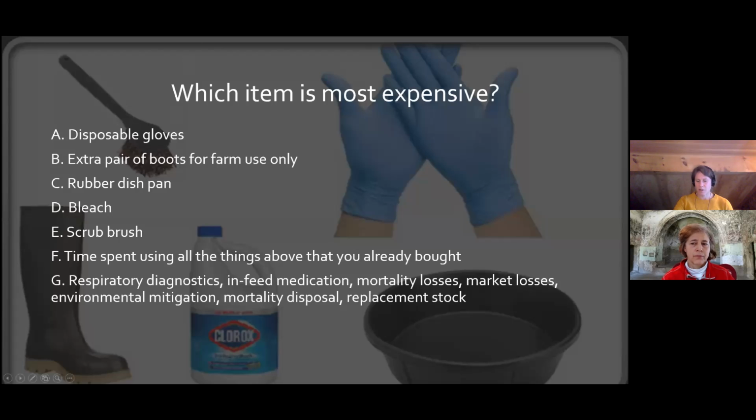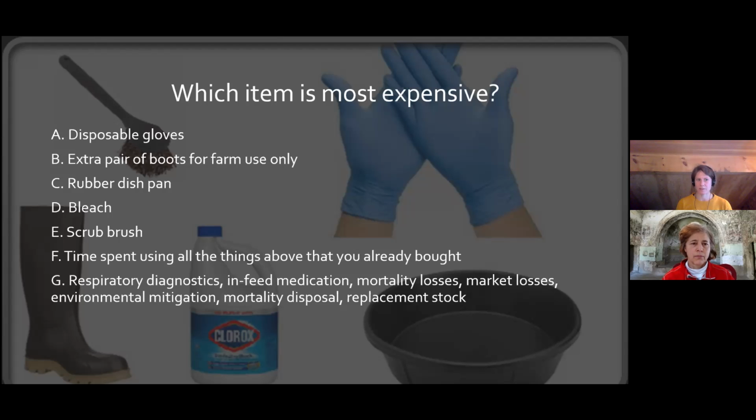And if you're following along as part of the SARE study, we'll ask you to answer this question in your electronic report form. But for now, we'll go through this and we can report about what we found from the group the first time through. So we asked, which item is most expensive?